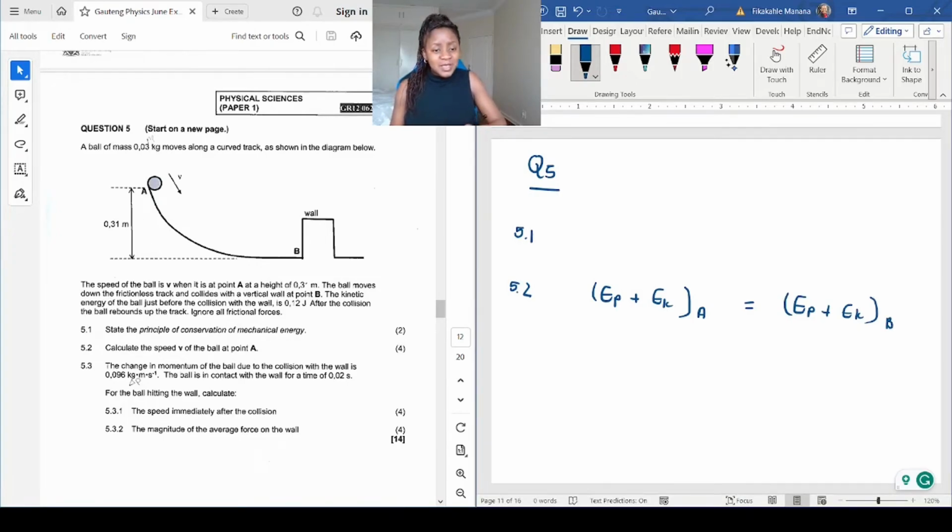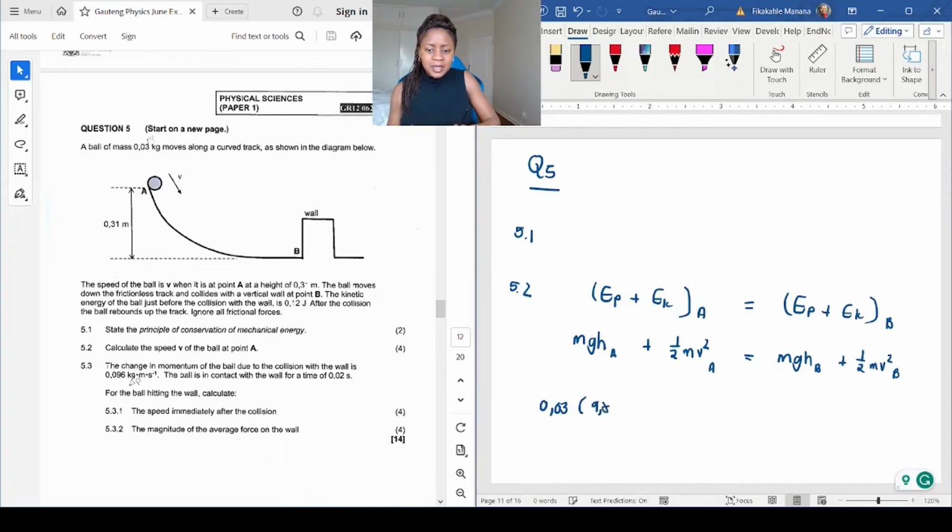Now, what is the potential energy at point A? We know that is mass times gravitational acceleration times height at A, and the kinetic energy is half mv squared at A, and then the same thing, mass times gravitational acceleration times height at point B plus half mv squared at point B. We know that the mass is 0.03, they gave it to us.